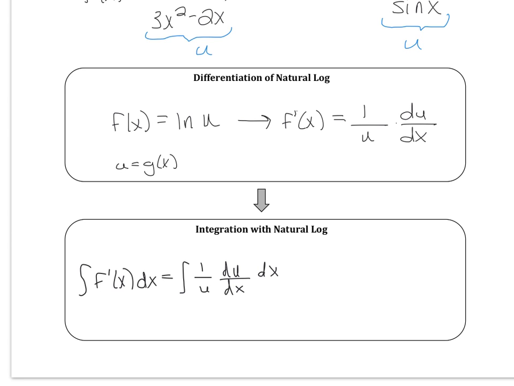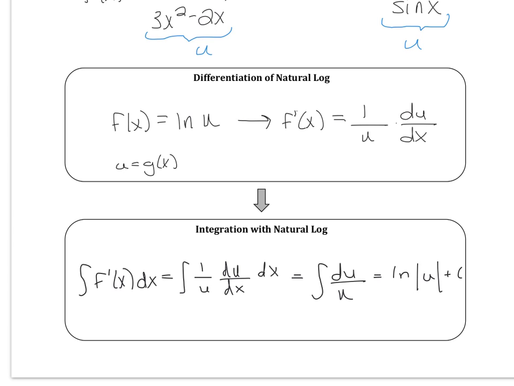Well, the dx's cancel, and so we're left with the integral of du over u, and we know, based on what we did in the box above, that that is going to integrate to the natural log of u plus some constant of integration. Again, we're just throwing the absolute value brackets around function u because you can't take the natural log of a negative number or 0, so it's just good practice.